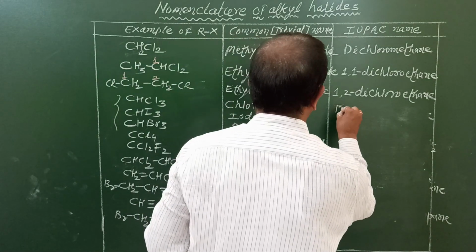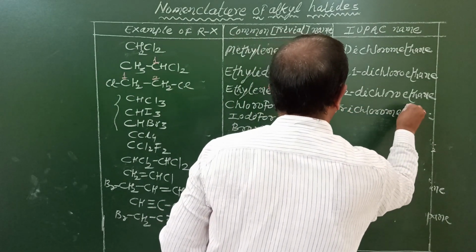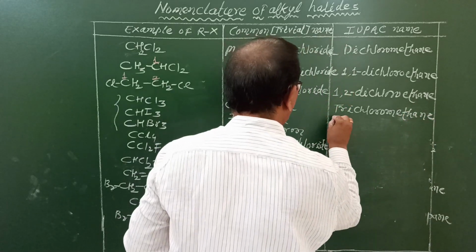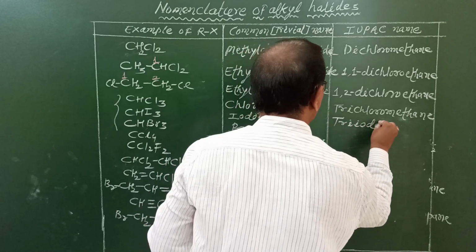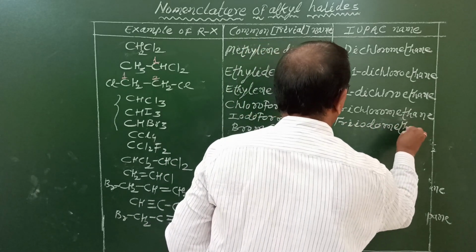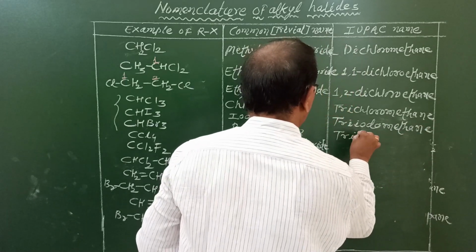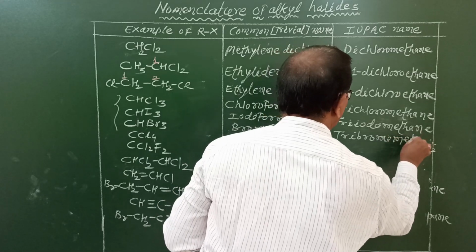This is called trichloromethane. Next, iodoform, triiodomethane. Bromoform, tribromomethane.